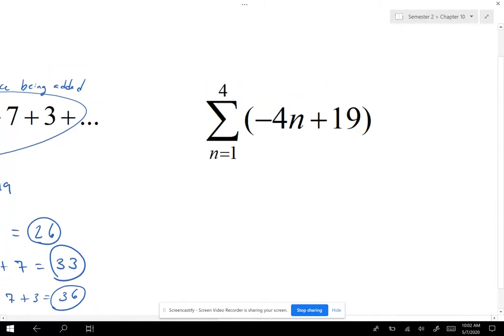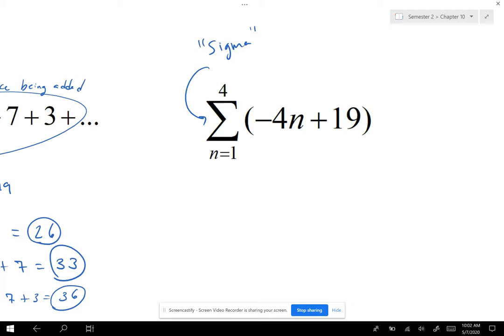Contrary to popular belief, this is not the letter E. This is the Greek letter sigma, which is how they say the letter S in Greek. I'm pretty sure that's an accurate statement.